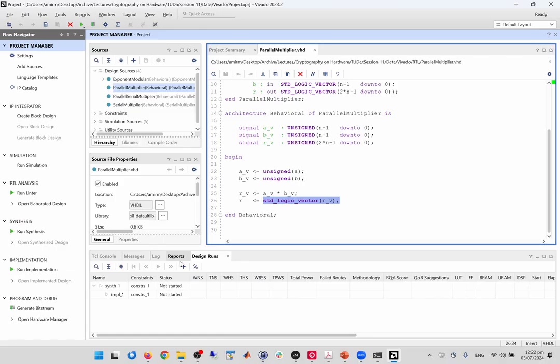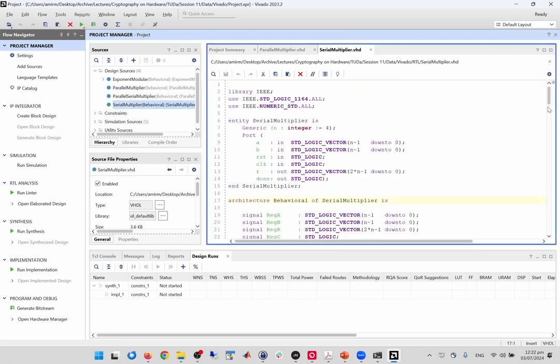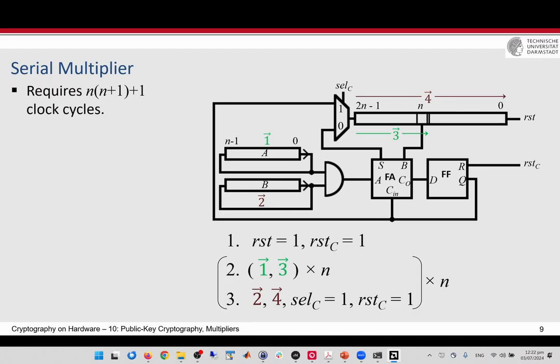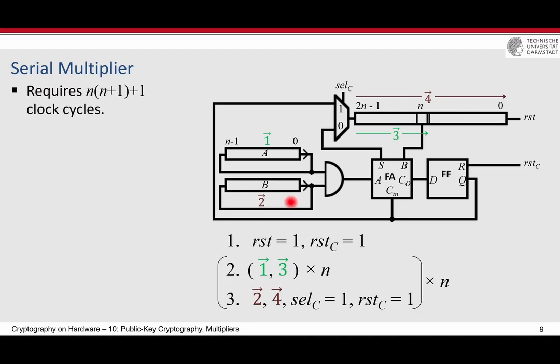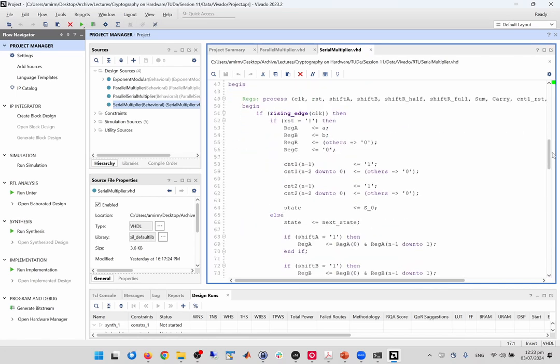And I have this implementation for you as a serial multiplier. It may look a bit complicated because there are a lot of signals, but every signal that you have here should have a name. This is a loop, this is a loop, the output of the AND gate, the output of the full adder and flip-flop, and so on.